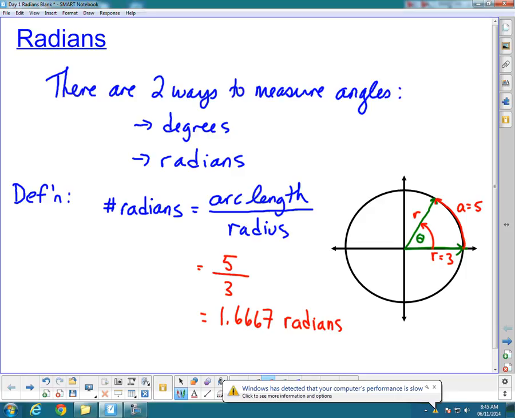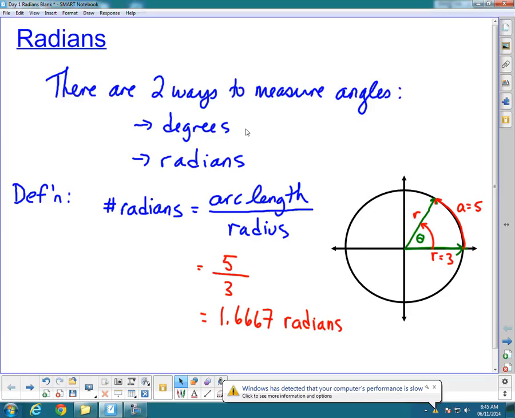So instead of saying that angle is, I don't know, 50 degrees, we say it's 1.67 radians. And regardless of the size of the circle, the relationship between the arc length that it creates divided by the radius of that circle is always going to be 1.67 for that particular angle.